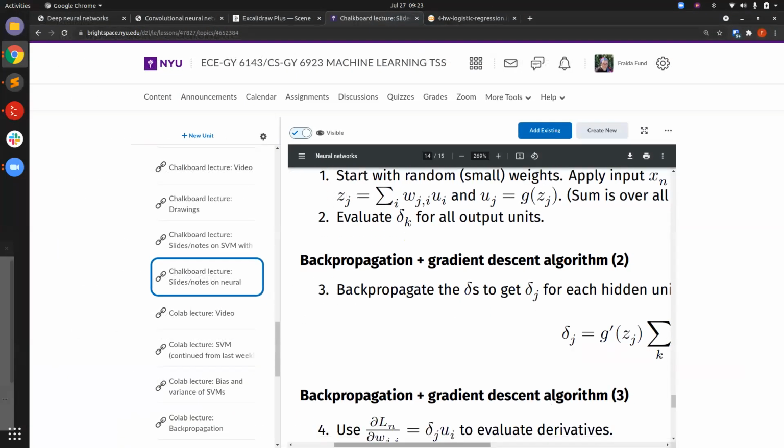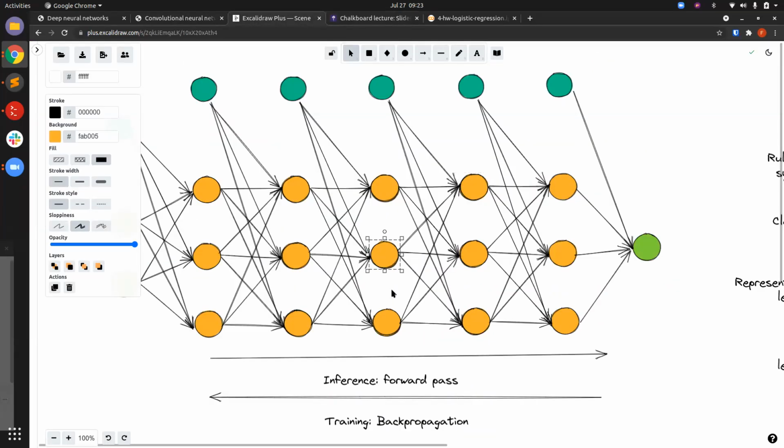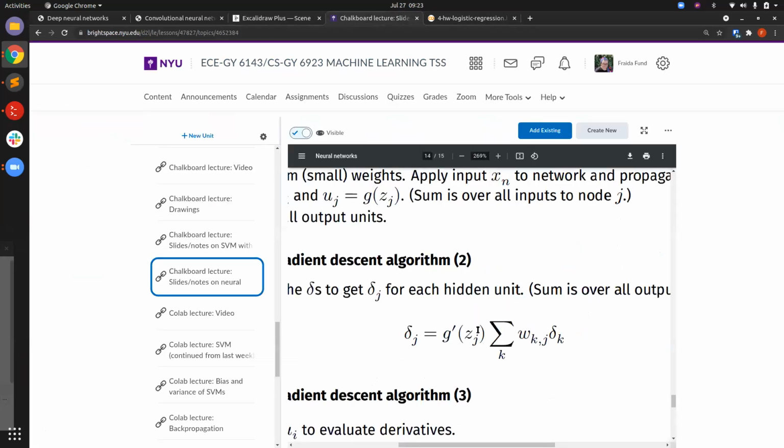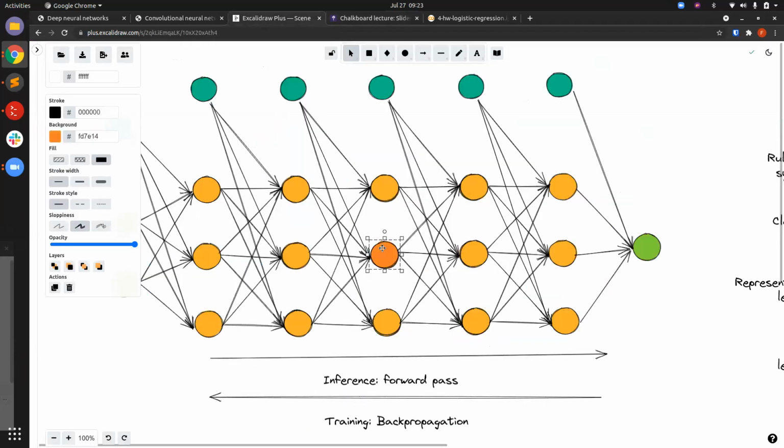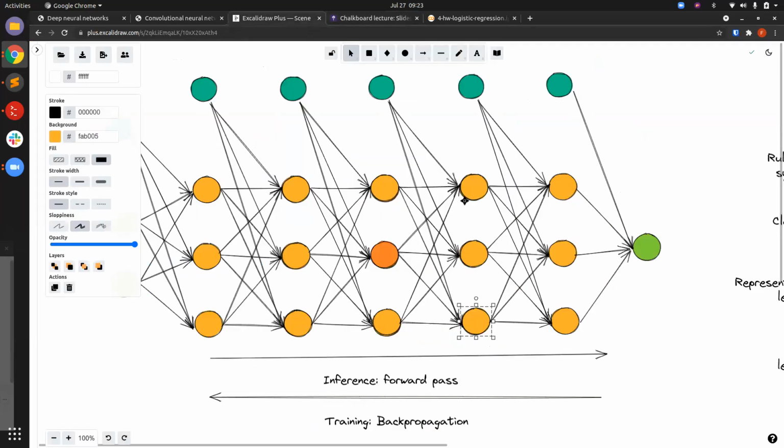Okay, so for example, if I'm at this particular unit right here, when I'm training the network, I'll compute the derivative of the activation function of this unit with respect to its input. And then I'll multiply that by the upstream derivatives, so everything coming from these nodes over here.